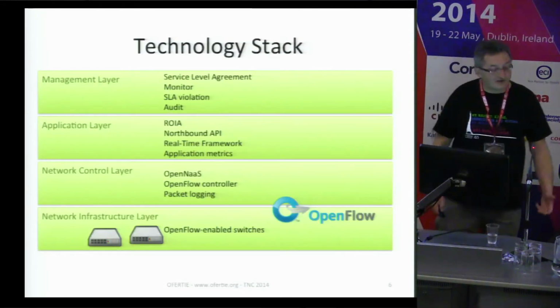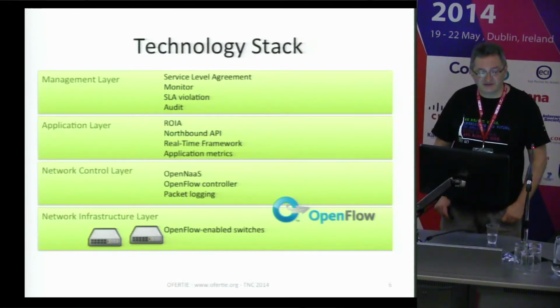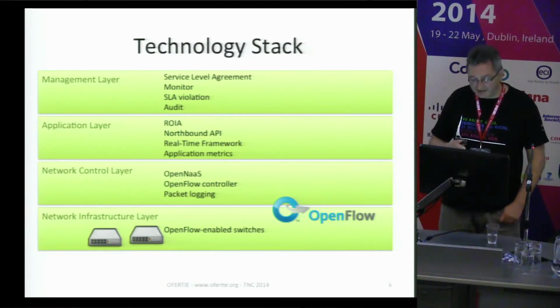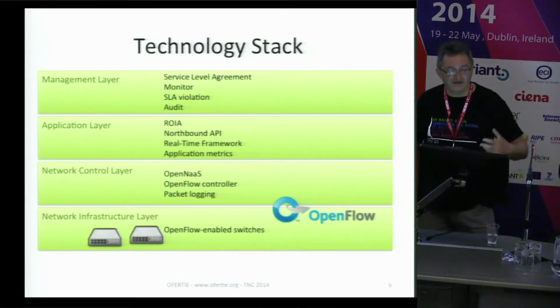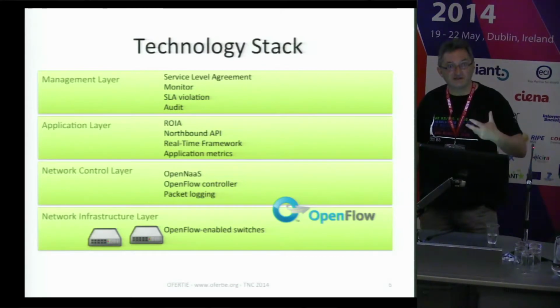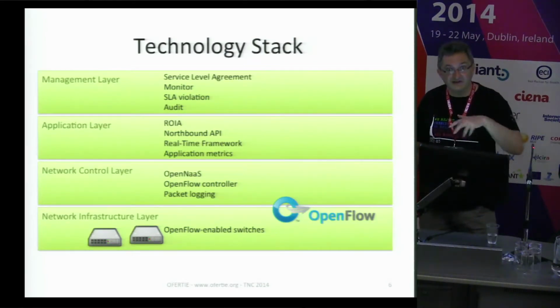In terms of the technology being used, probably most of this will be very familiar to most of you. And I think one of the interesting things is reusing OpenNaaS here as the underlying method for doing the provisioning, but we've had to extend that to support the SLA side of the deployment. And you'll hear a little bit more about that in the next talk after me.